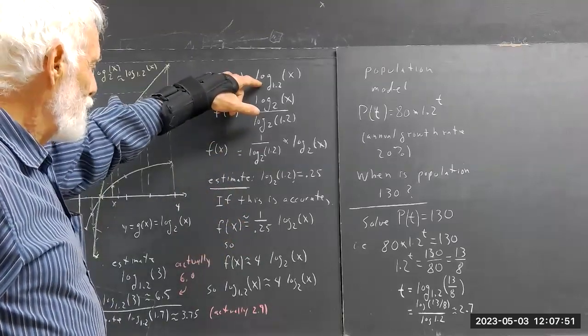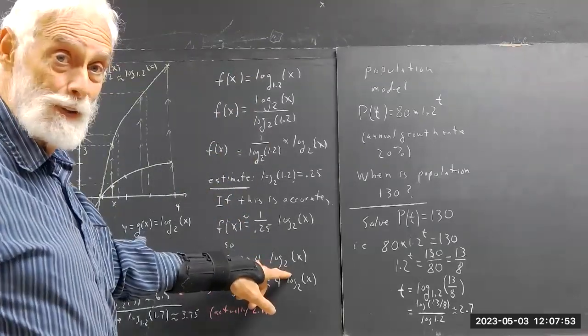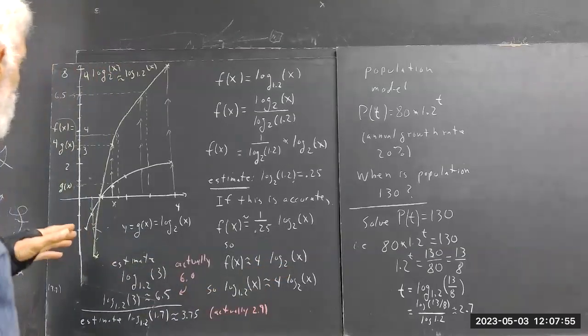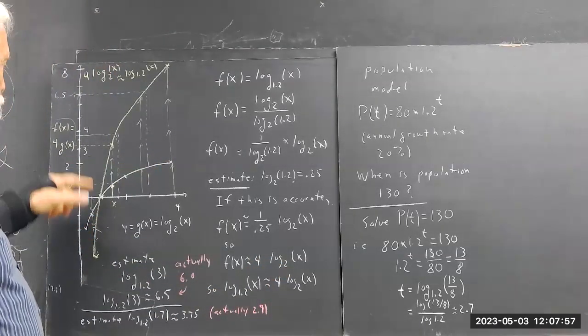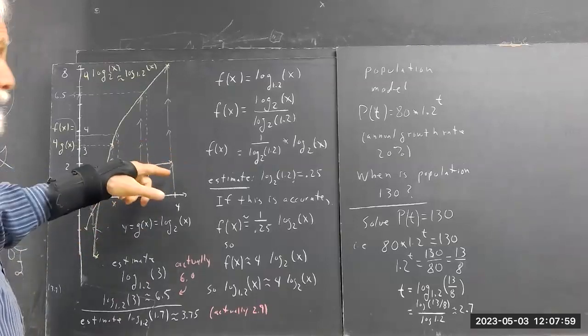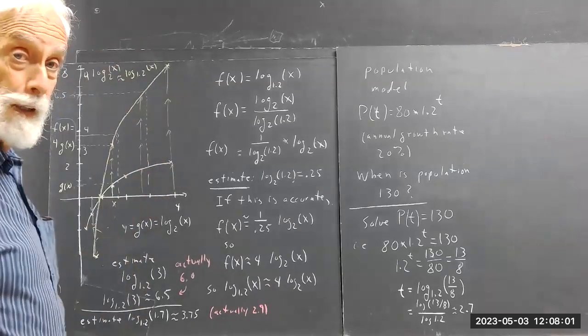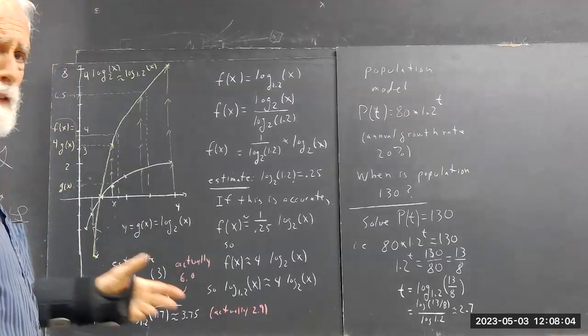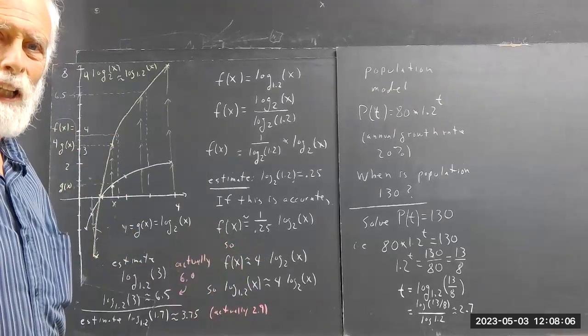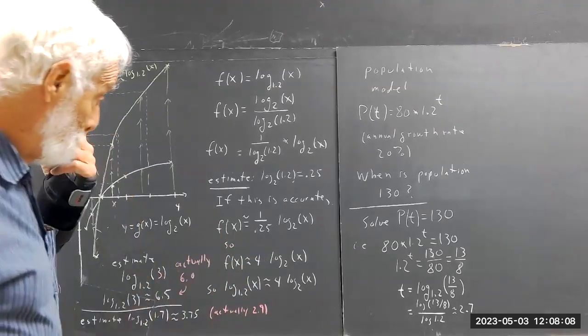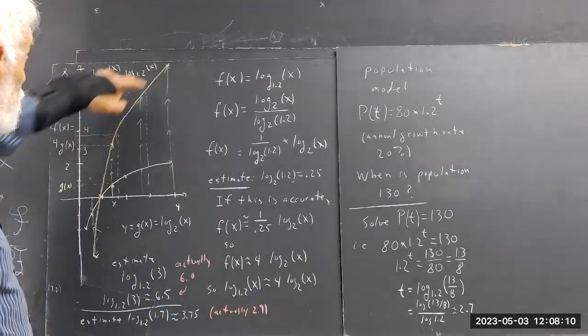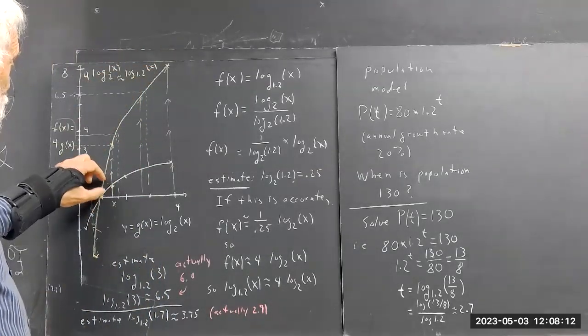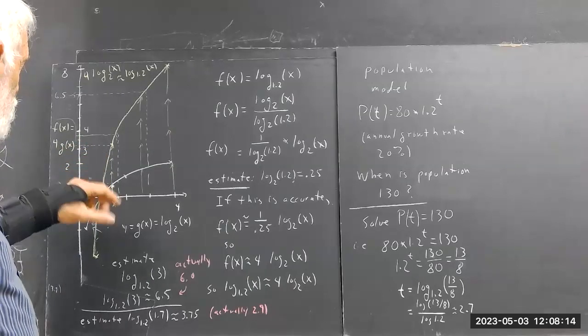estimating that this function should be about 4 times this function. Sketching a reasonably accurate graph of the log base 2 function and stretching it by a factor of 4 gave us a graph that gives us reasonable but not hugely accurate results. Okay. We constructed this graph a little more carefully because some of these arrows may be a little bit longer than this one.